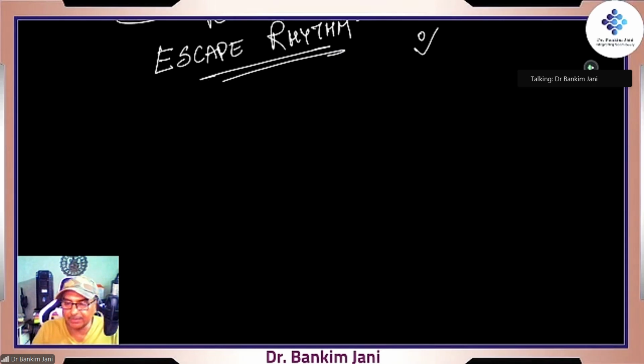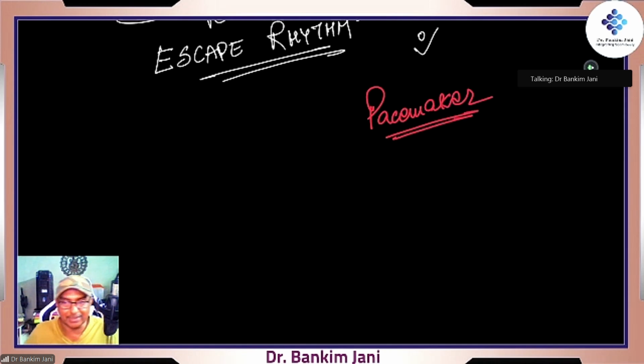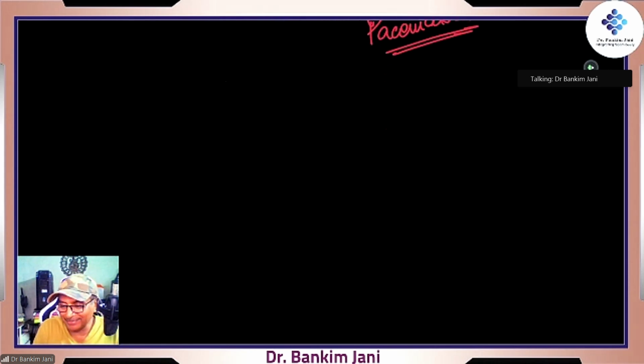In such cases, pacemaker, right? You need to go for a pacemaker. There is no other option, right? So pacemaker is compulsory. So you must have seen that things are easy to understand, but when everything is mixed together, then even such basic things become complicated.